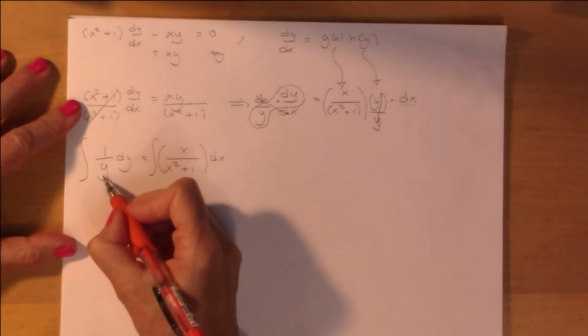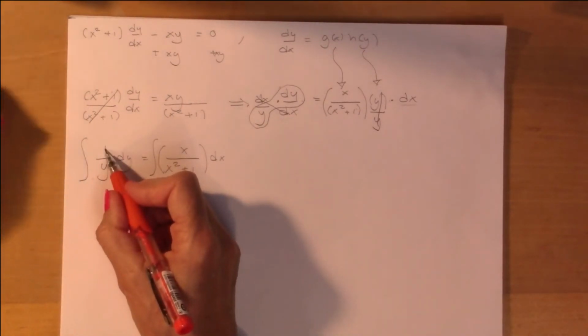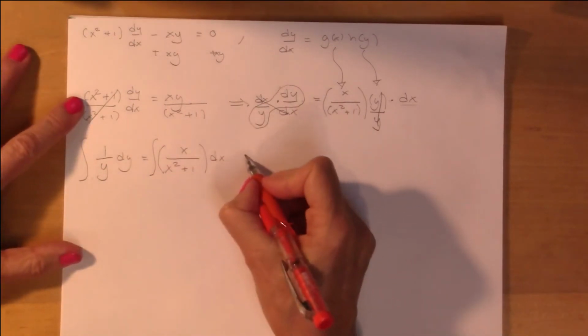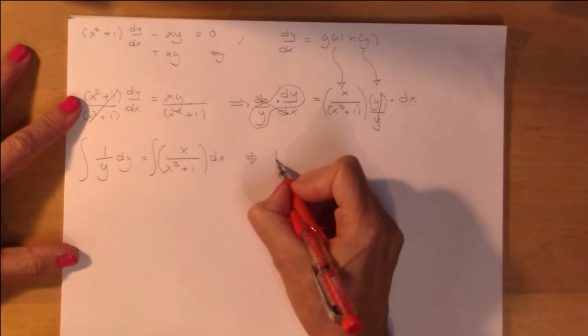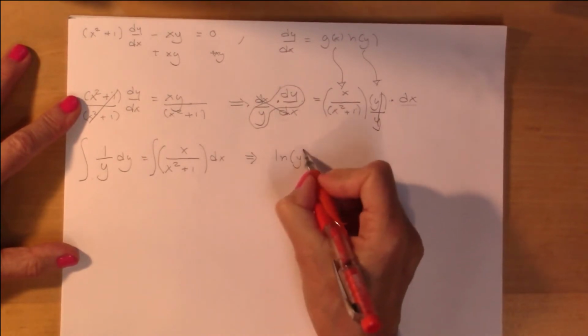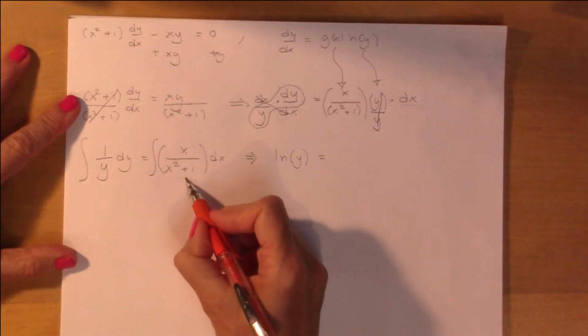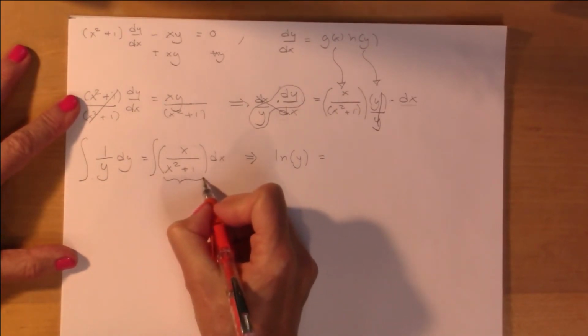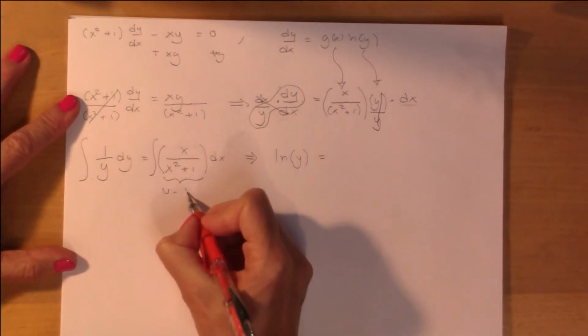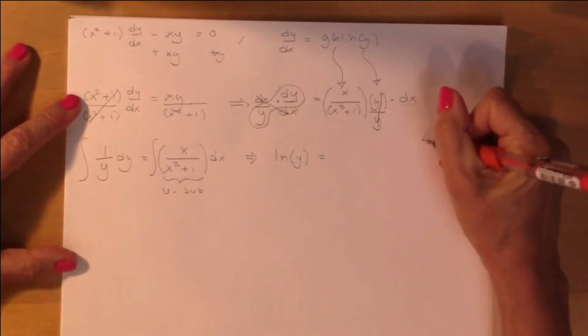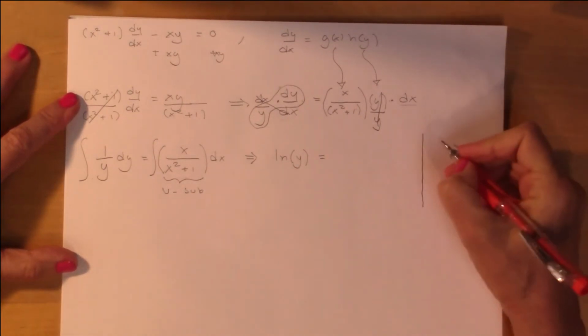Alright, now it's time to integrate this little puppy. You should know by now, it's Calculus 2 you're in, so 1 over y integrates to ln of y. But this one is a little trickier to do. We're going to have to do a u-sub for here. I'm going to do that as an aside.